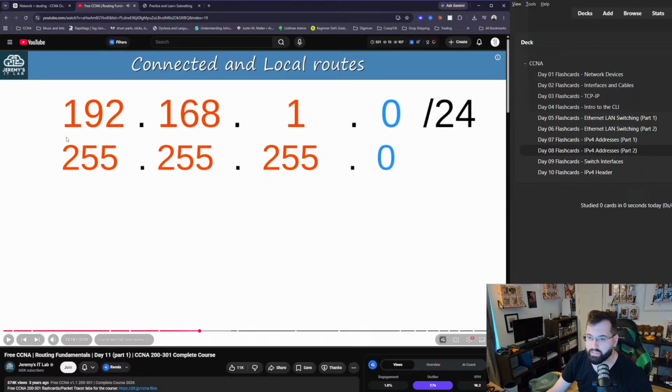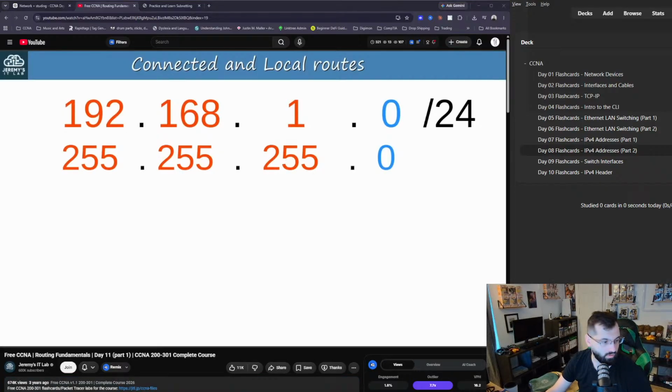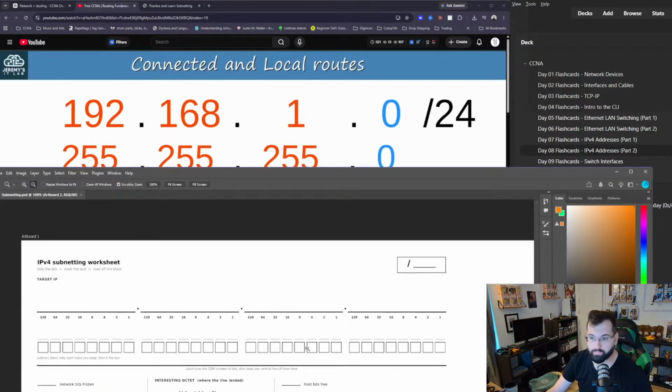Because what we did is we added up the bits value. So 192 means that we're using all of these. Actually, /24 tells us the value box that we're going to click.